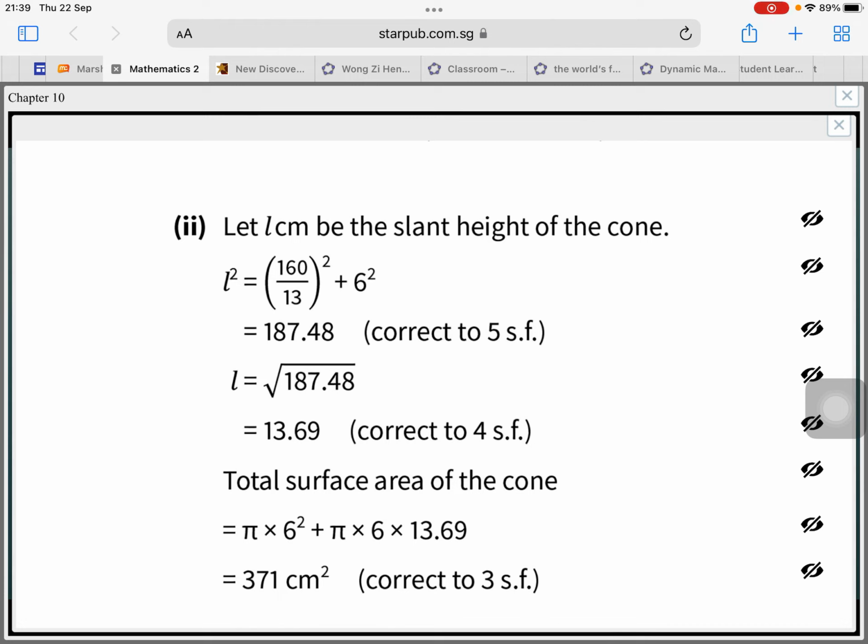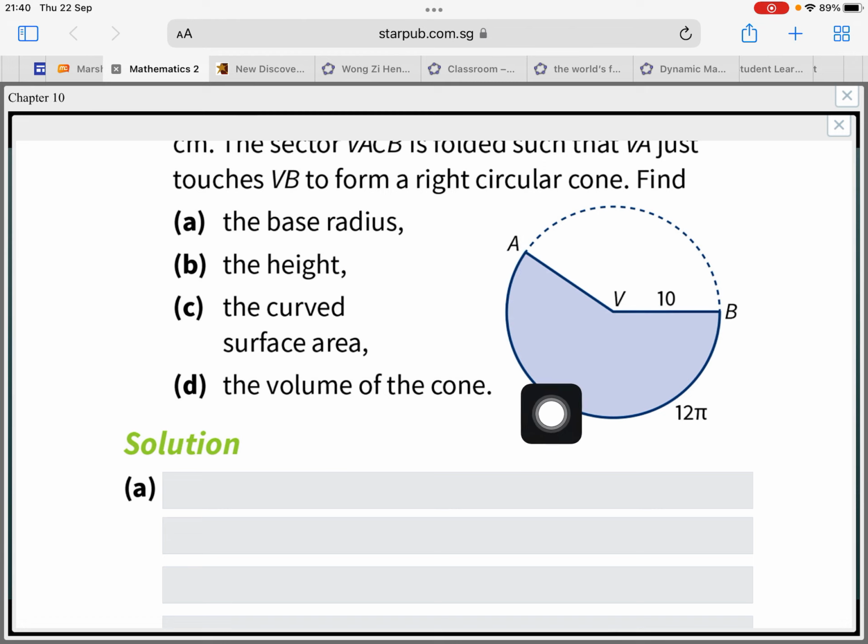The sector VACB is folded such that the VA just touches the VB, to form a right circular cone. So they ask you to find the base radius of this cone. So you need to do some calculations.